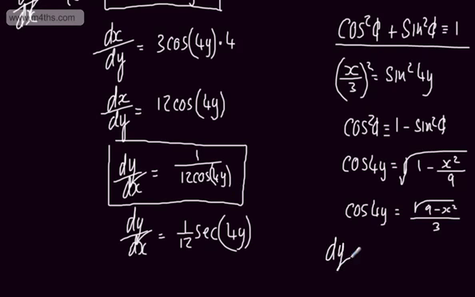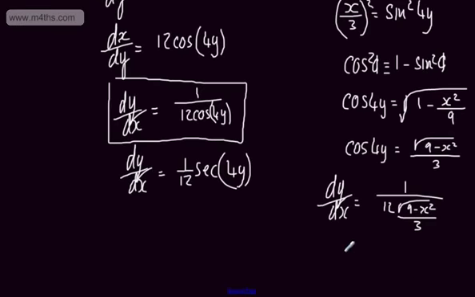So dy by dx in terms of x is going to give me the following. I've got here 1 over 12 lots of the square root of 9 minus x squared over 3. We can see the 12 and 3 are going to cancel, so dy by dx in terms of x will be 1 over 4 lots of the square root of 9 minus x squared.